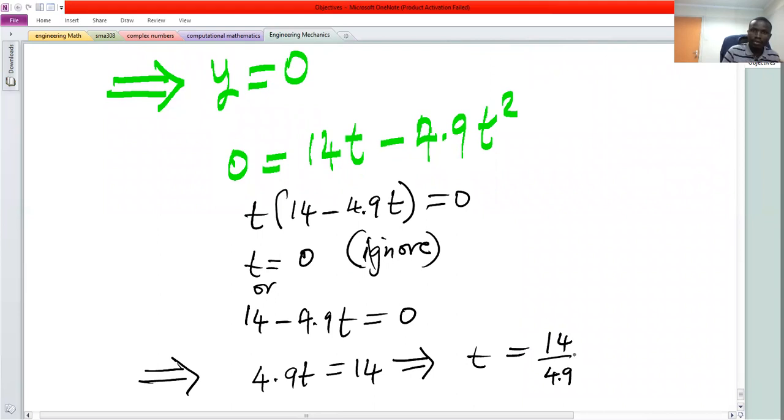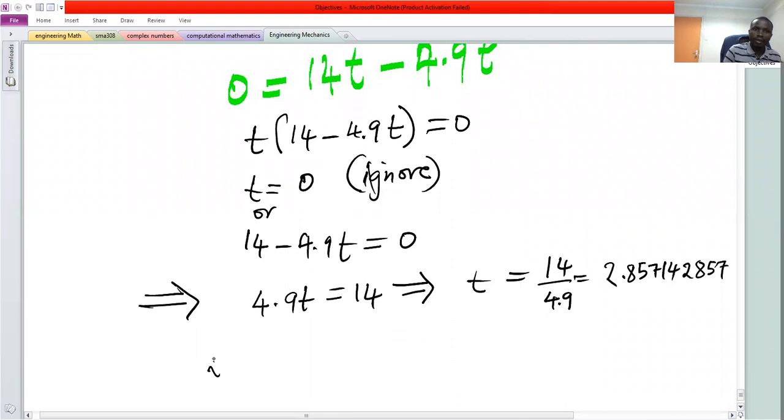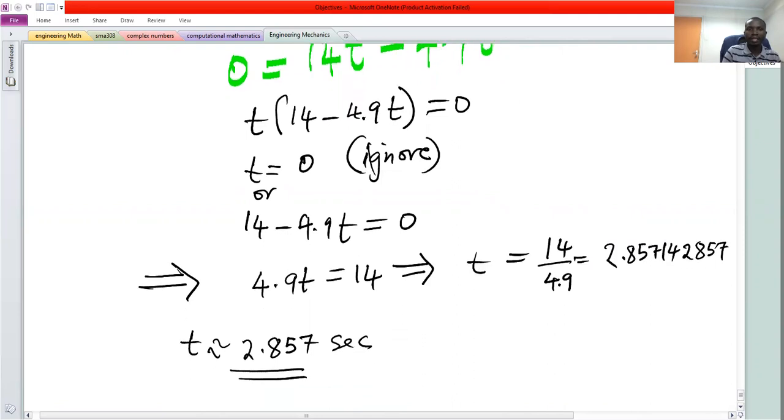That gives us 2.857142857. So roughly t is 2.857 seconds. So this is the time of flight.